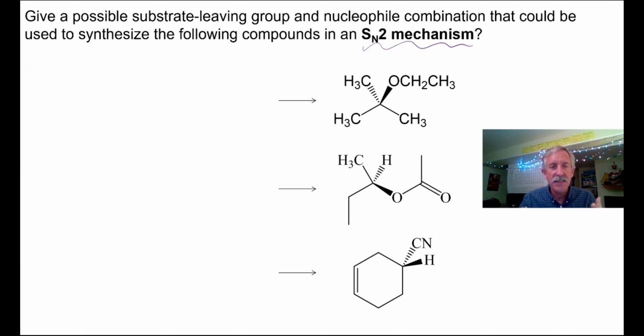I love this slide because I love for you to come to class with possible reactants and a solvent, all four parts of your nucleophilic substitution listed in your reaction. And to do this, you actually have to start thinking backwards. What two pieces must have been present in the reactants that could come together in an SN2 reaction to produce those products?